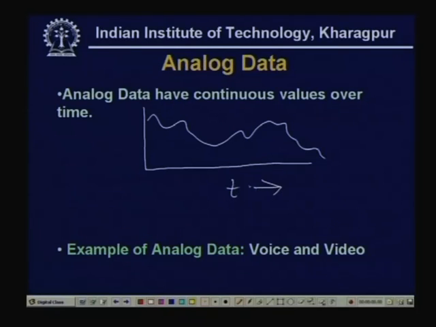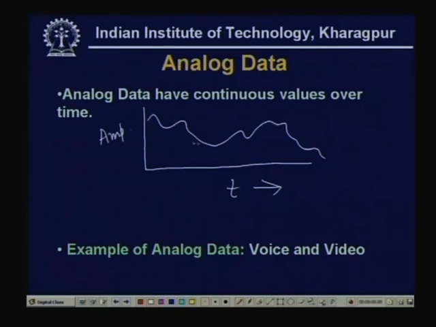So, this side is the time and this side is the, say, amplitude in this case. Whenever this is being sent, it has continuous values, that means it has got an infinite number of values within this range, then we call it analog data.